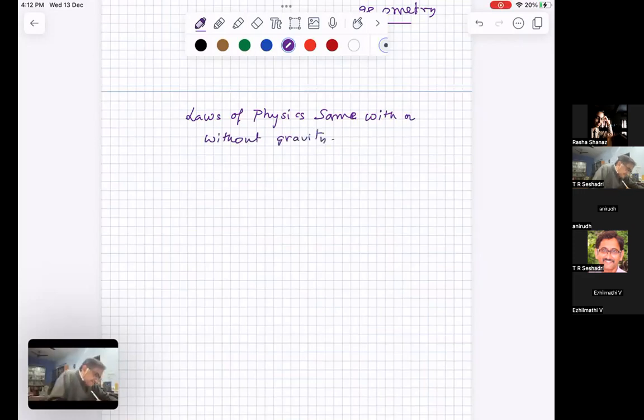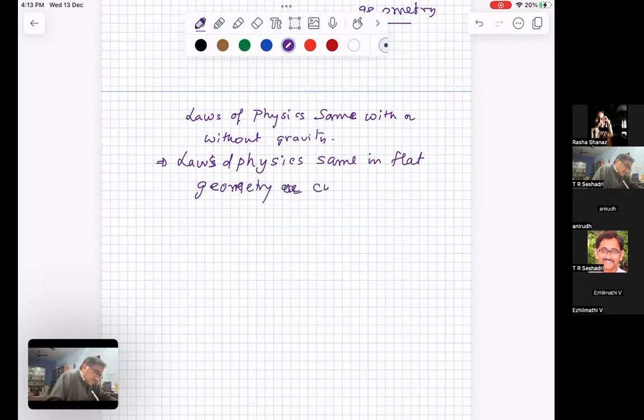And in the language of Einstein, laws of physics are the same in flat geometry or curved geometry.